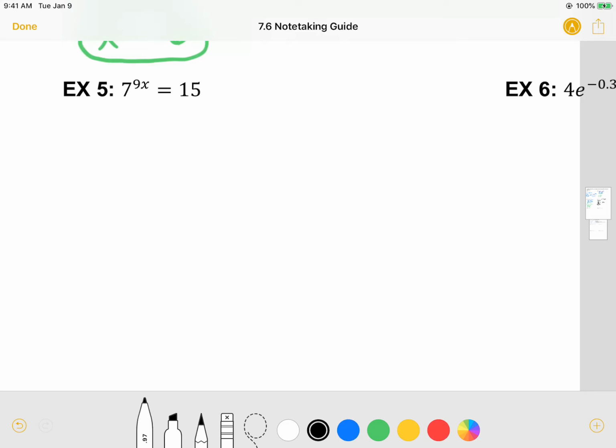Again, this one we're going to rewrite as a logarithm. Okay, so we're going to rewrite it as log base 7 of 15 is equal to 9x. Okay, now we want to solve for x, so let's divide each side by 9.